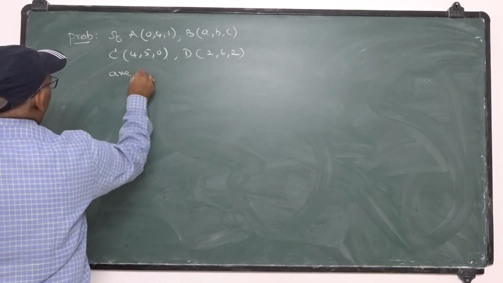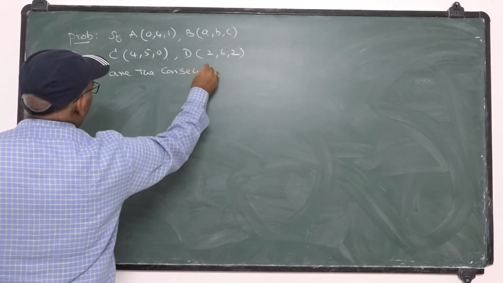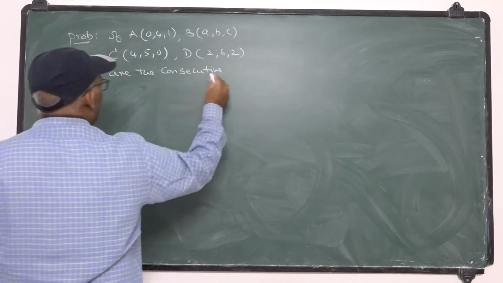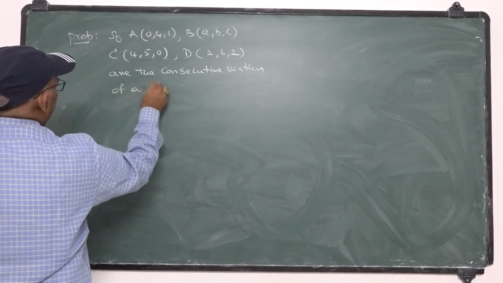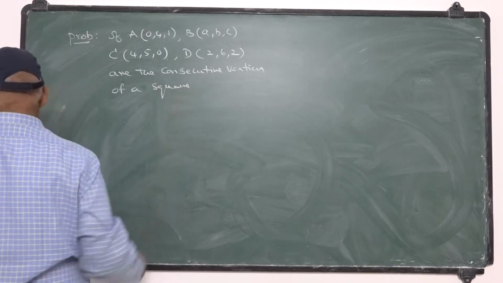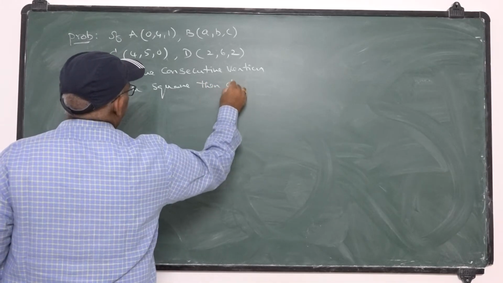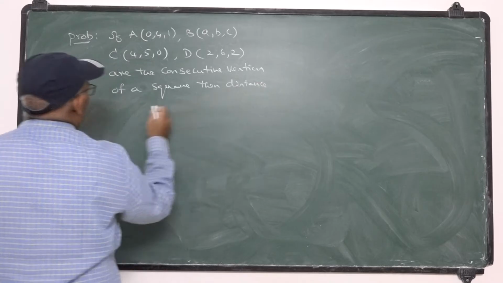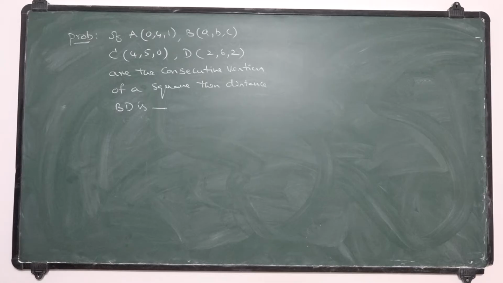If A, B, C, D are consecutive vertices of a square, then the distance BD, the diagonal BD, is?